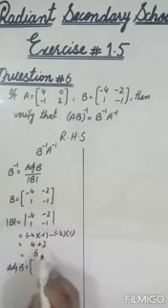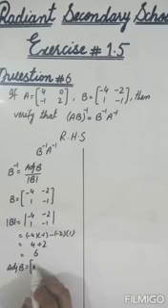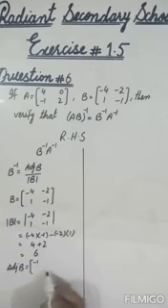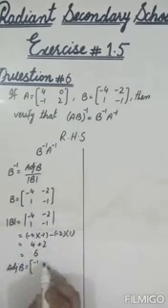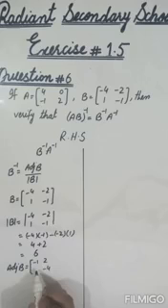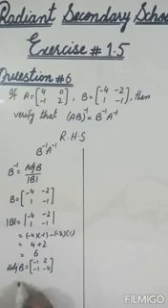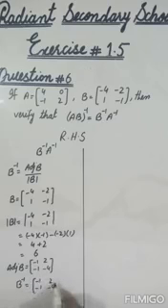minus 4, 1. We have to change the place of the diagonal entries, minus 1, minus 4, and change the signs of the rest of the entries, minus 2 goes to plus 2 and 1 goes to minus 1. Now B inverse is equal to adjoint of B, which is minus 1, 2, minus 1, minus 4, divided by B determinant, which is equal to 6.